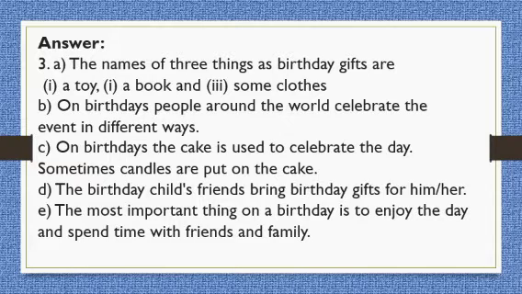C. On birthdays, the cake is used to celebrate the day. Sometimes candles are put on the cake. Number D. The birthday child's friends bring birthday gifts for him or her. E. The most important thing on a birthday is to enjoy the day and spend time with friends and family.